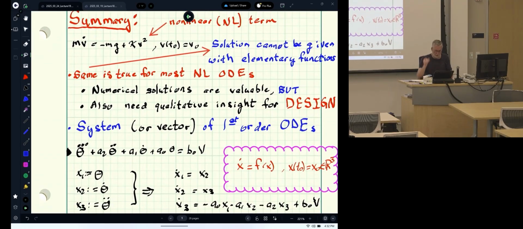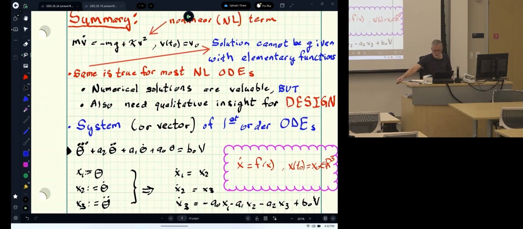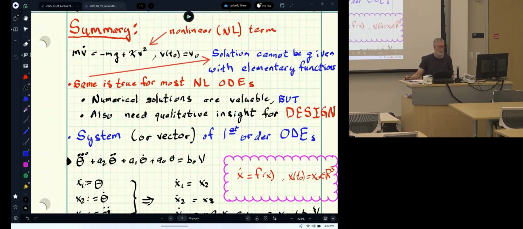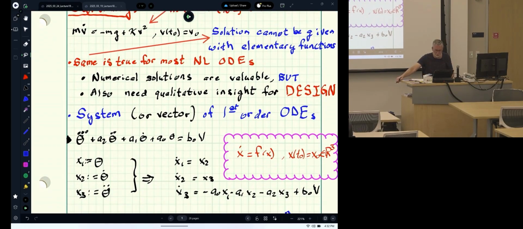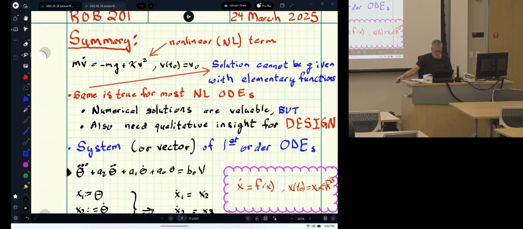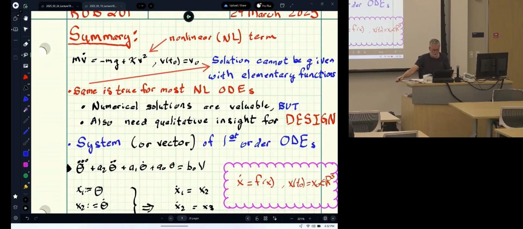So we'll be working on some of the qualitative insights shortly. And the way we will do that is by learning to understand solutions of linear differential equations quite deeply, and then we'll understand to what extent linear differential equations can be used to approximate solutions of nonlinear differential equations.